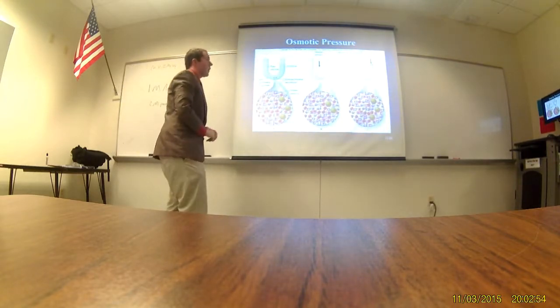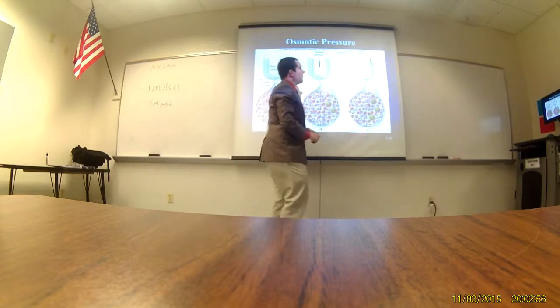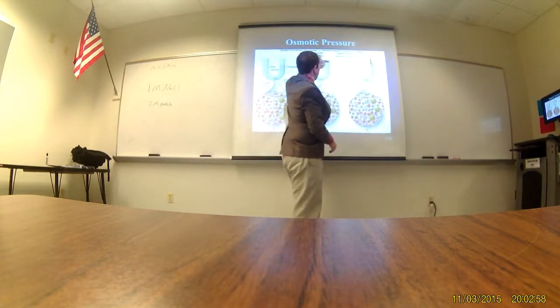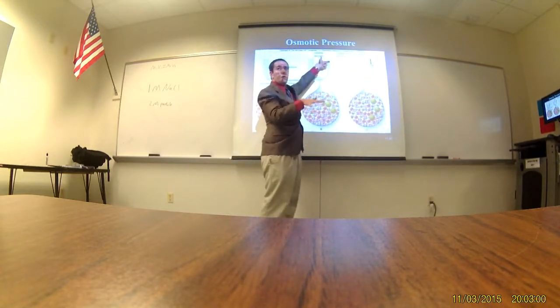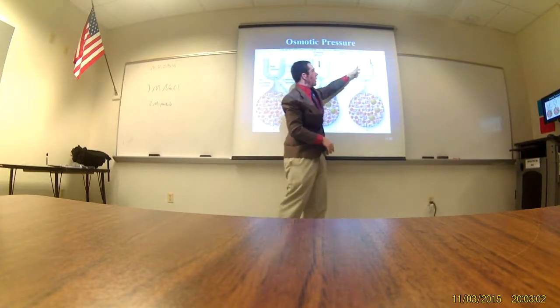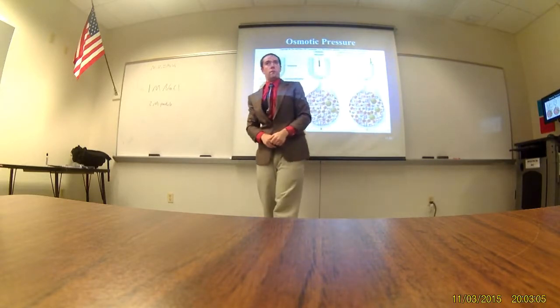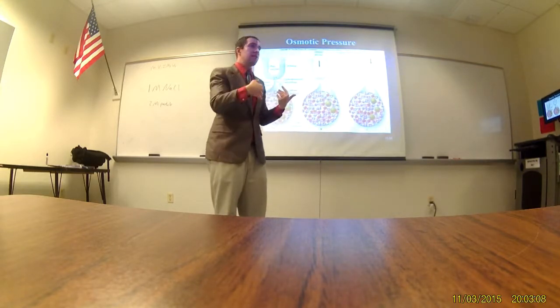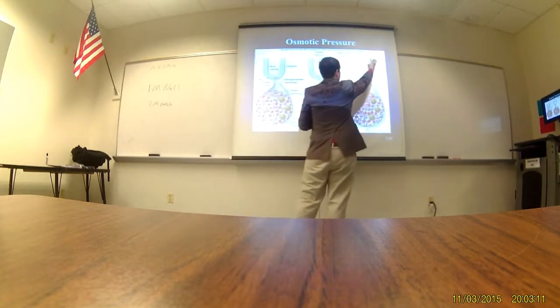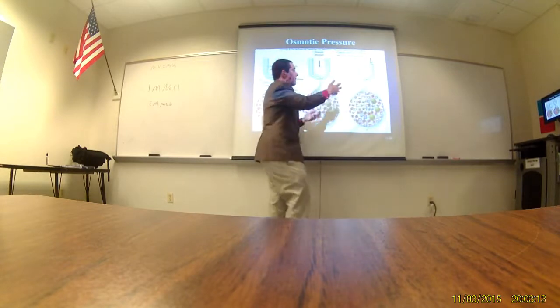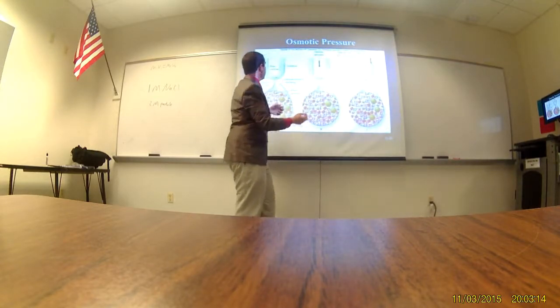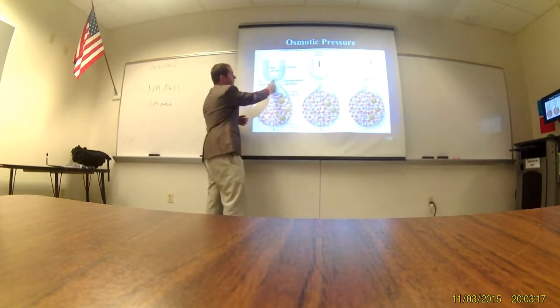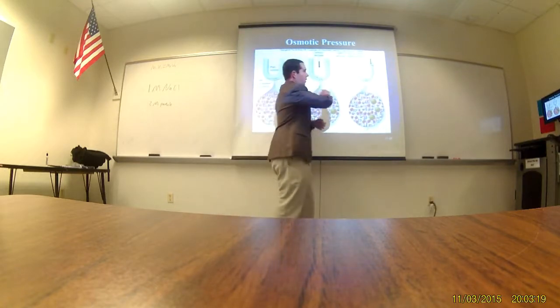And so another way of looking at this osmotic pressure is if you're going to push down here, how much force would you have to push with to get them back to even? And if you look at it from the other side, that amount of force that you're pushing with is the same exact amount of force that the water is pushing on this membrane with.